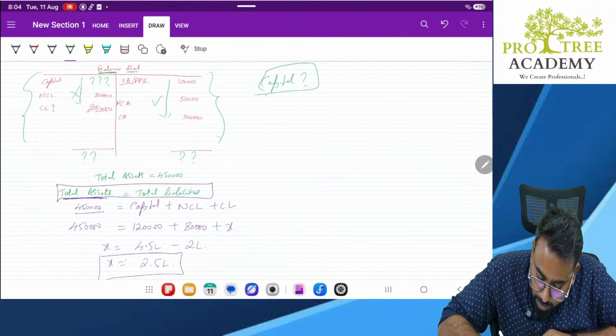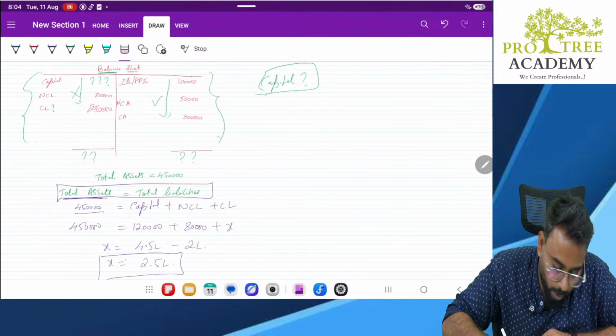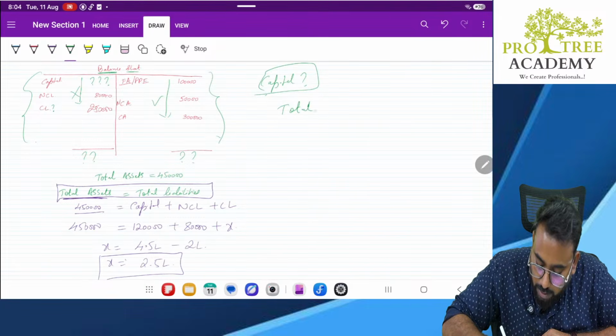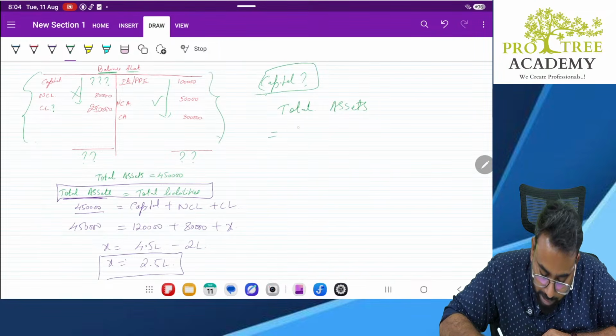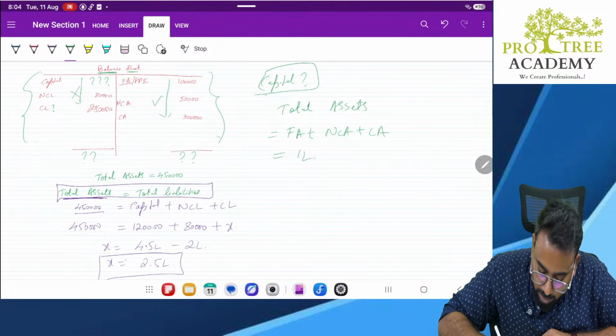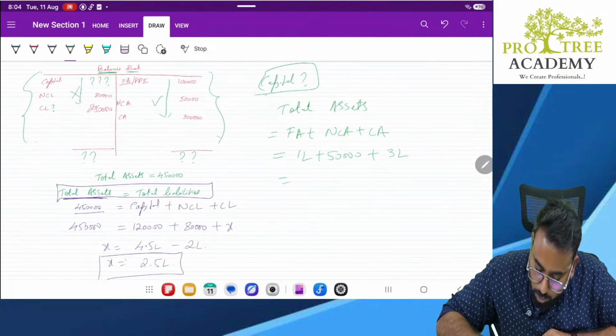Total it. What is the formula of total assets? How do we arrive at total assets? Sir, fixed assets plus non-current assets plus current assets. Very good. 1 lakh plus 50,000 plus 3 lakh is equal to 4.5 lakh.